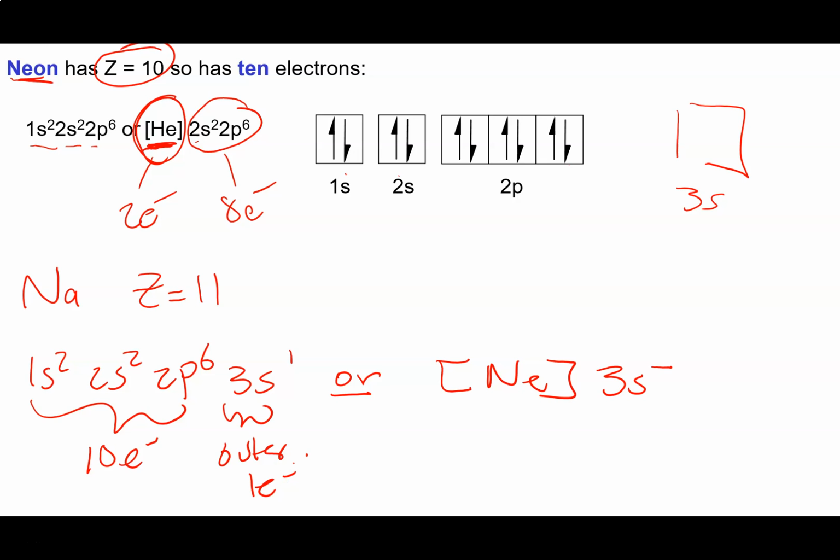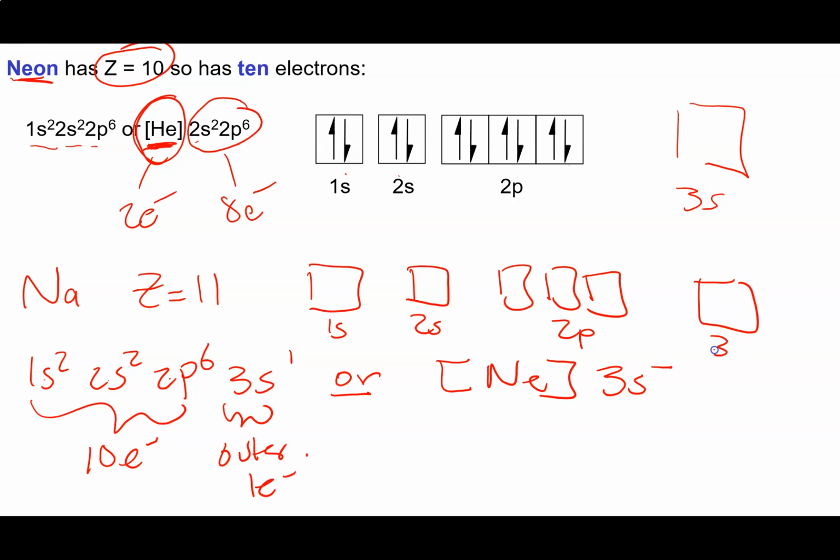Okay. Now, if I was to write an orbital diagram for this, I would need 1, 2, 3, 4 subshells. So we've got the 1s, the 2s, the 2p, and the 3s. Now, I'll give you a little hint: you only see unpaired electrons in the outermost subshell.